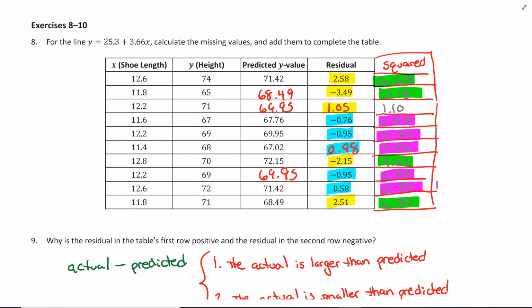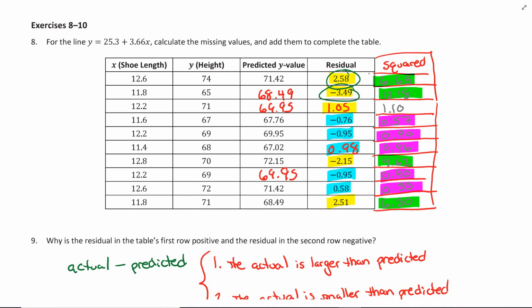So whenever we squared small numbers, we got smaller numbers. So in this process, it's much harder to hide bad residuals. Because if we offset this -3.49 and this 2.58, those pretty much balance each other out. But when you square the residuals, that doesn't happen. They're all positive, but the smaller residuals become even smaller, the larger residuals become even larger.